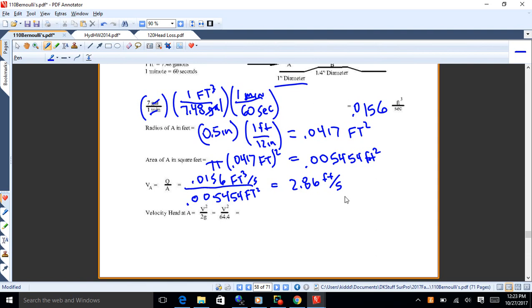And then you could square that and divide it by 64.4, and you'll get velocity head, which is what goes into the chart.